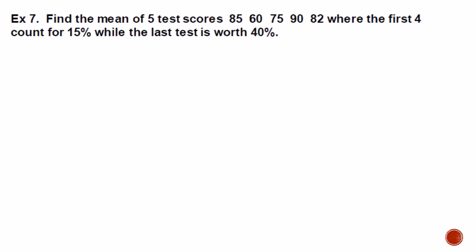So here's an example of where this is happening. You might have a class where each midterm is worth a certain percentage of your grade, but the final is worth a larger percentage. So find the mean if the last test is worth more than the other four. The first four tests each have a weight of 15.